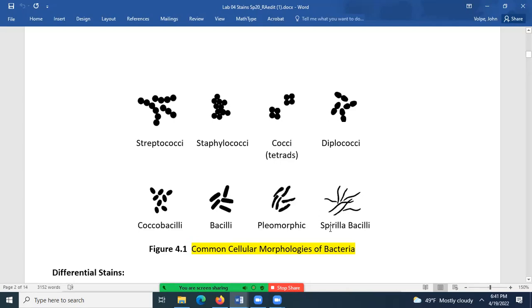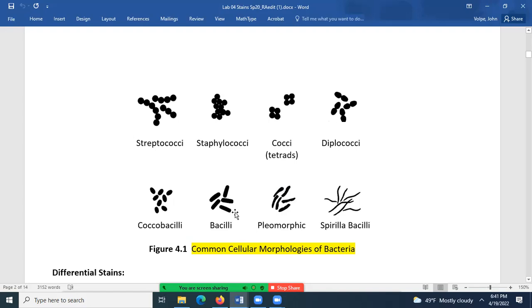With spirilla, all you have are singlet spirilla, meaning they only form singlets. They do not stick together. You should know the difference between a bacilli and a cocci. Cocci is a round ball shape. Bacilli is a longer cell.